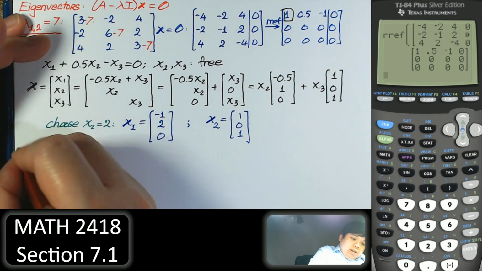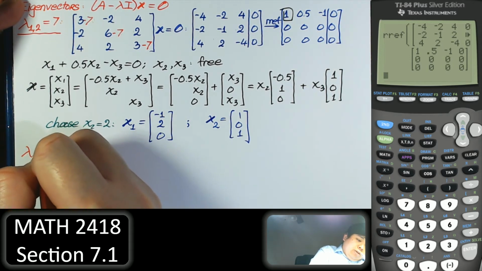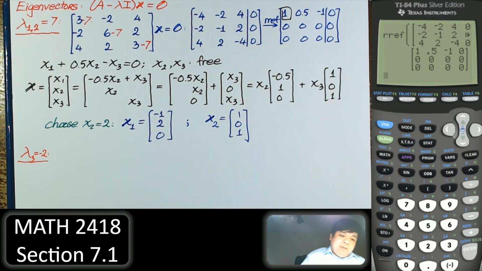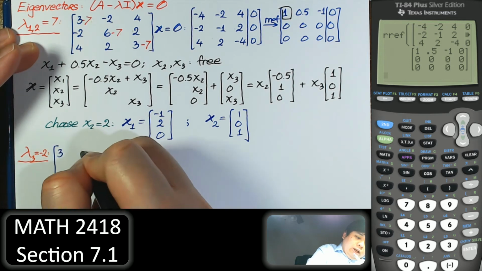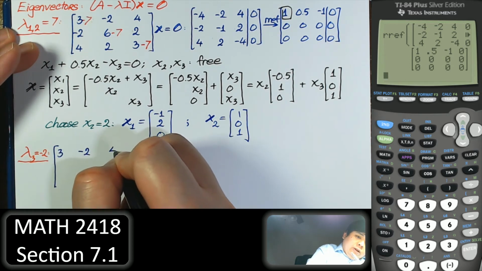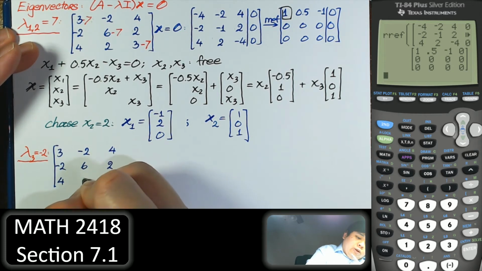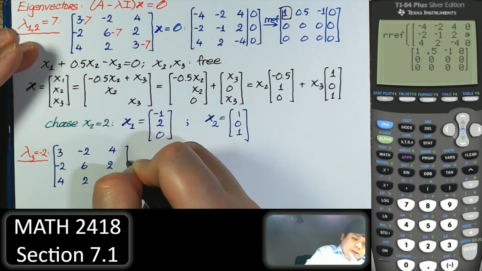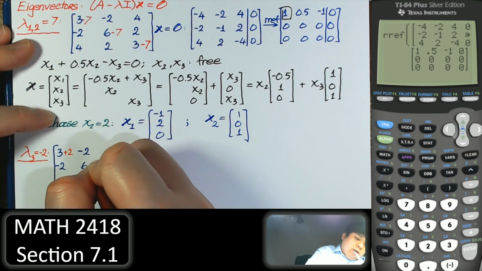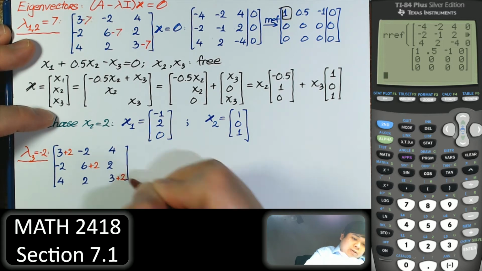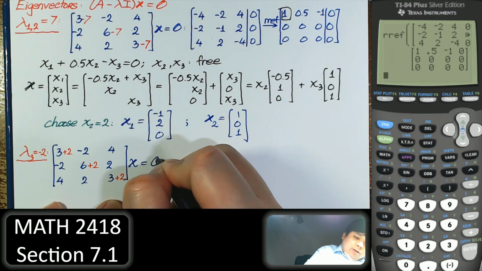Right. Now we find the eigenvectors for negative 2. The matrix is 3, -2, 4; -2, 6, 2; 4, 2, 3. Now subtract negative 2, meaning we add 2 on the diagonal, and solve (A + 2I)x equal to 0.